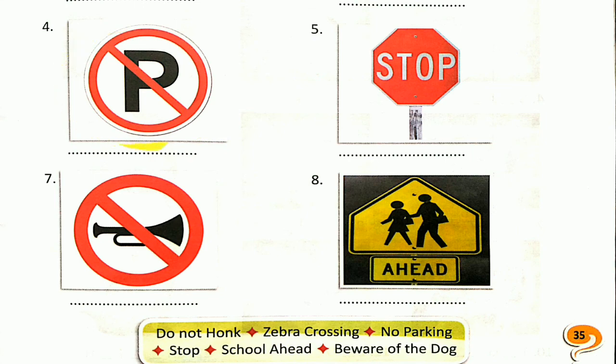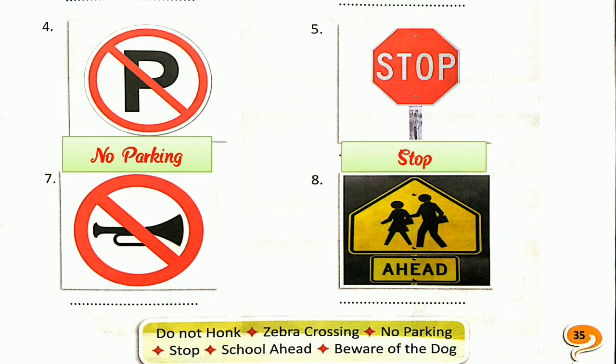We see here red, black, and white in color, and we see here that P. So it's a no parking sign. Very good. Okay, number five, we see here an octagon shape, white border, and written down it's a stop. So that's why it is a stop sign.